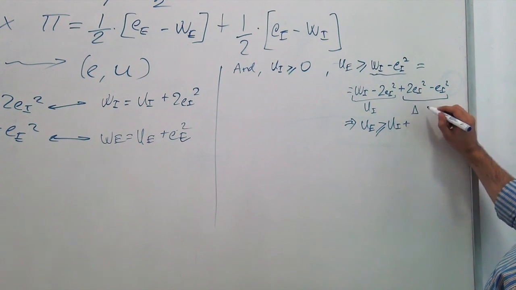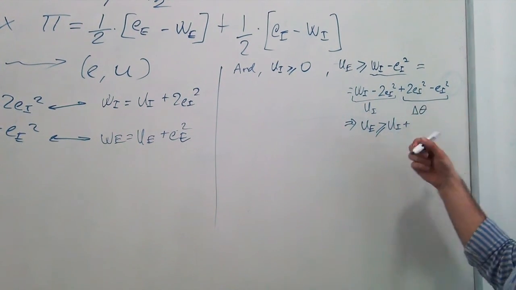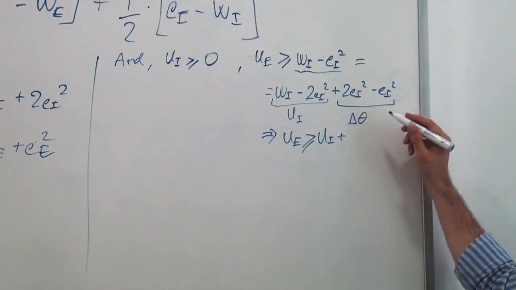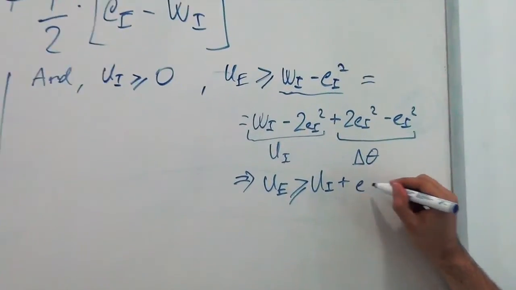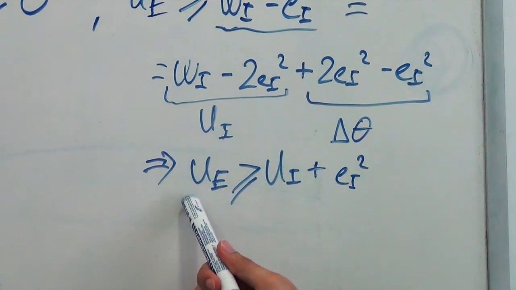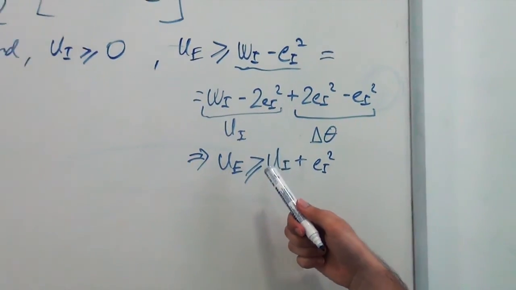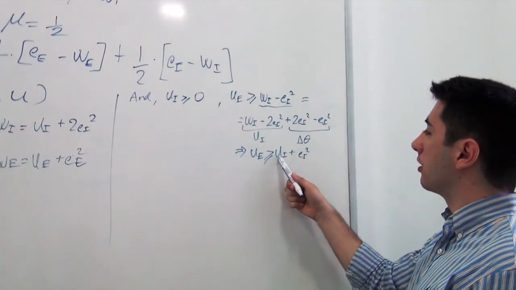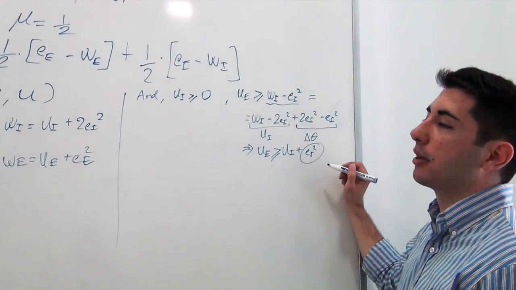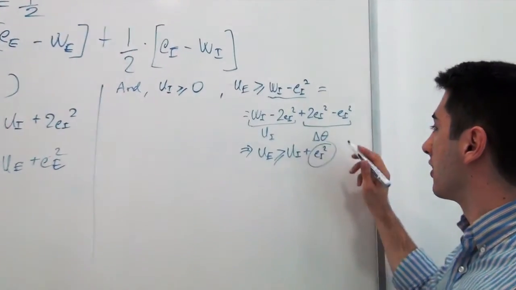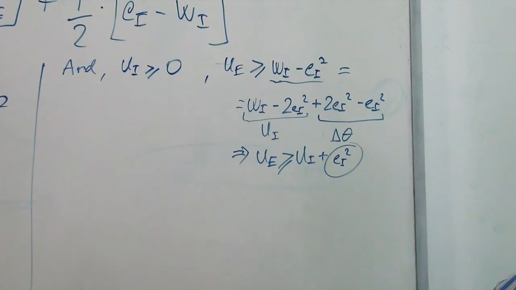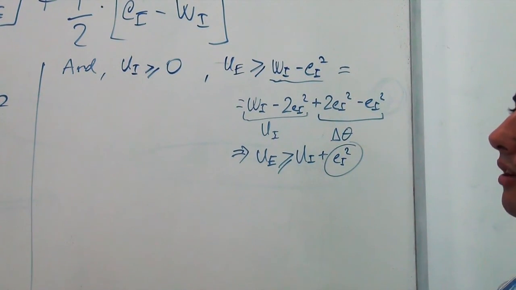This is sometimes called this, which is the difference in marginal cost between the two types, which in this case is simply this. So the utility of the efficient type has to be bigger or equal to the utility of the inefficient plus a positive amount, which is many times called information rent, which is what the principal must pay the efficient type to make him reveal his type by choosing the right contract.